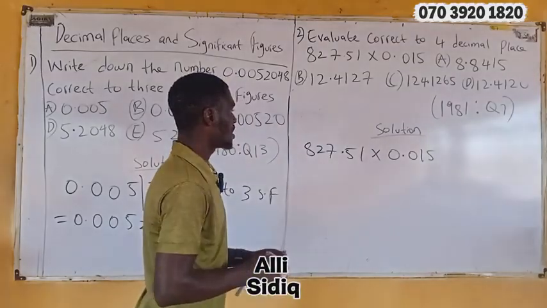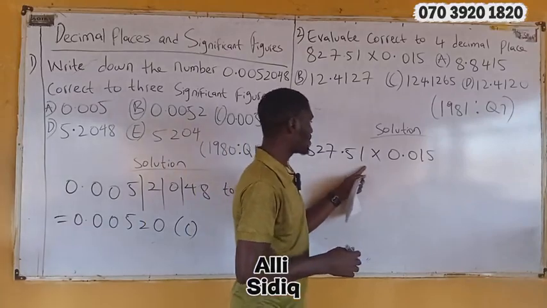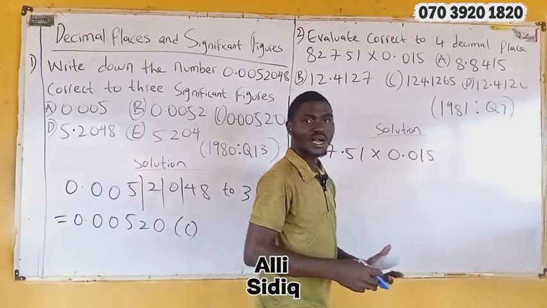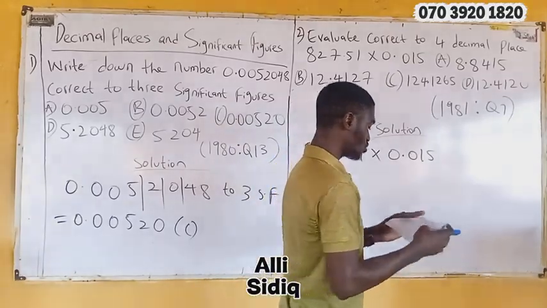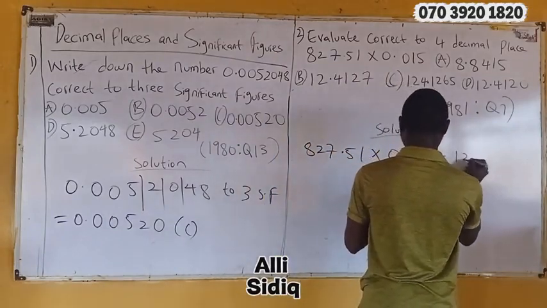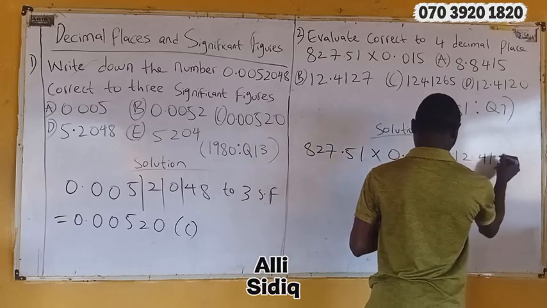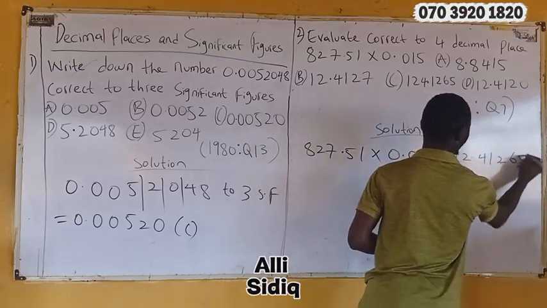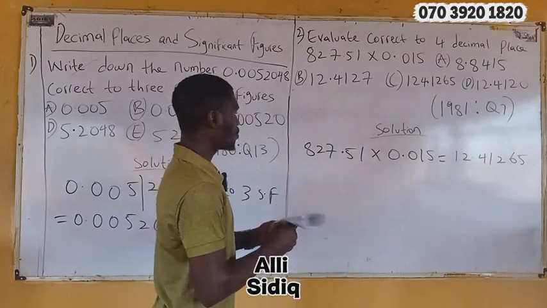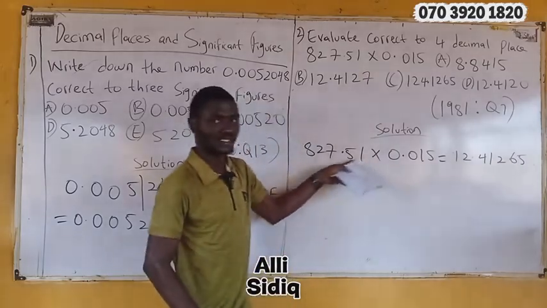So now, 827.51 times 0.015. You put it on your calculator. I've solved it, and I got 12.41265. This is what I got after evaluating.